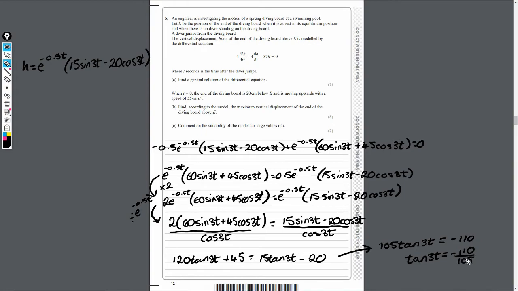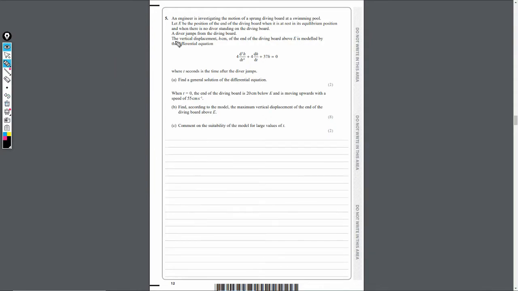Okay. So, let me just quickly clear this so we can finish this question. Make sure you've got this down, guys. Tan 3t is equal to minus 110 over 105. If I write this down, this would simplify to tan 3t equal to minus 22 over 21. Okay.